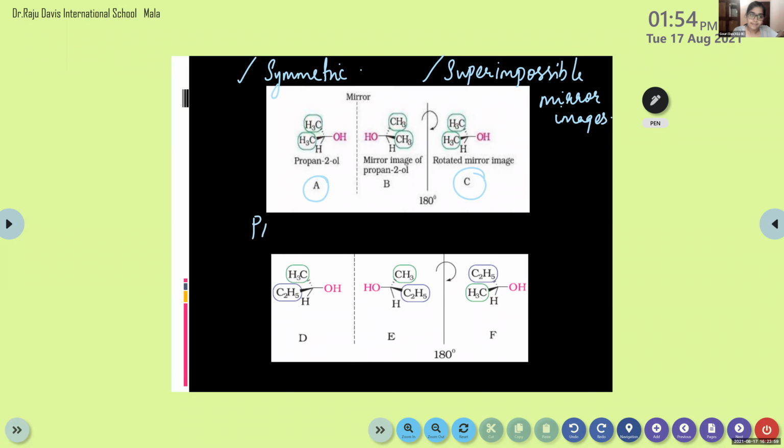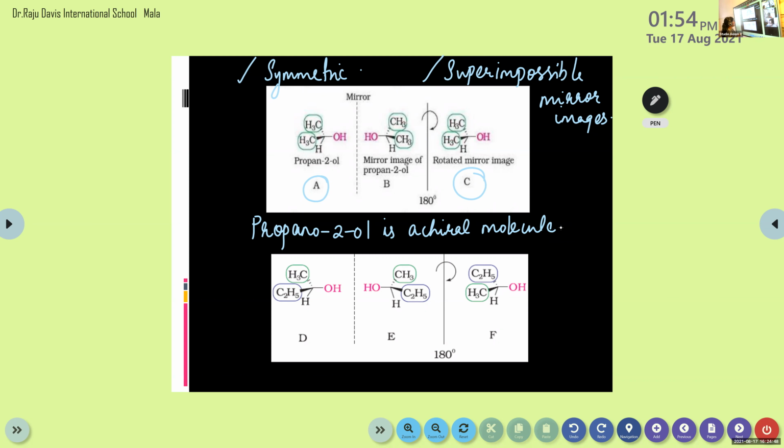Yes, propan-2-ol is an achiral molecule. We can also use the term: if it completely overlaps, it is considered superimposable, and if it does not completely overlap, it is non-superimposable.